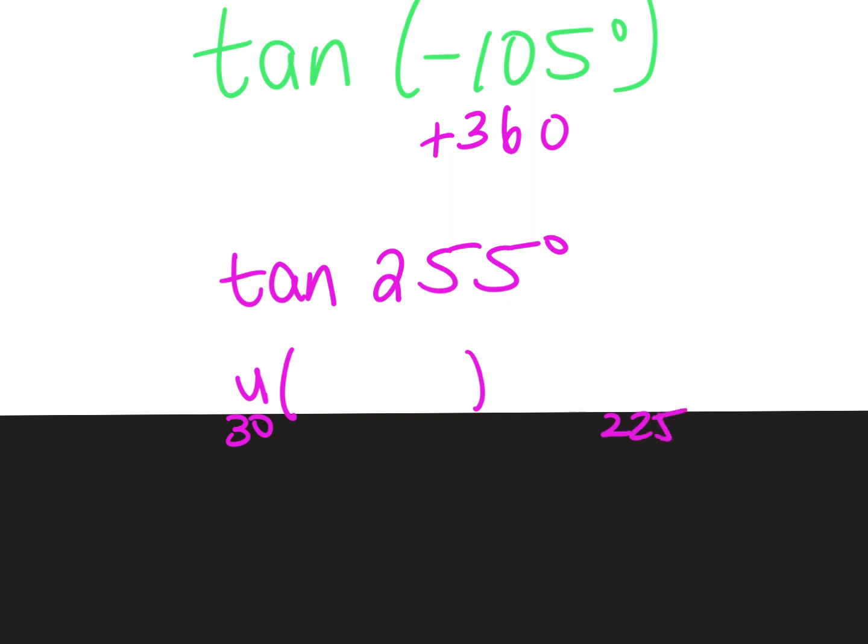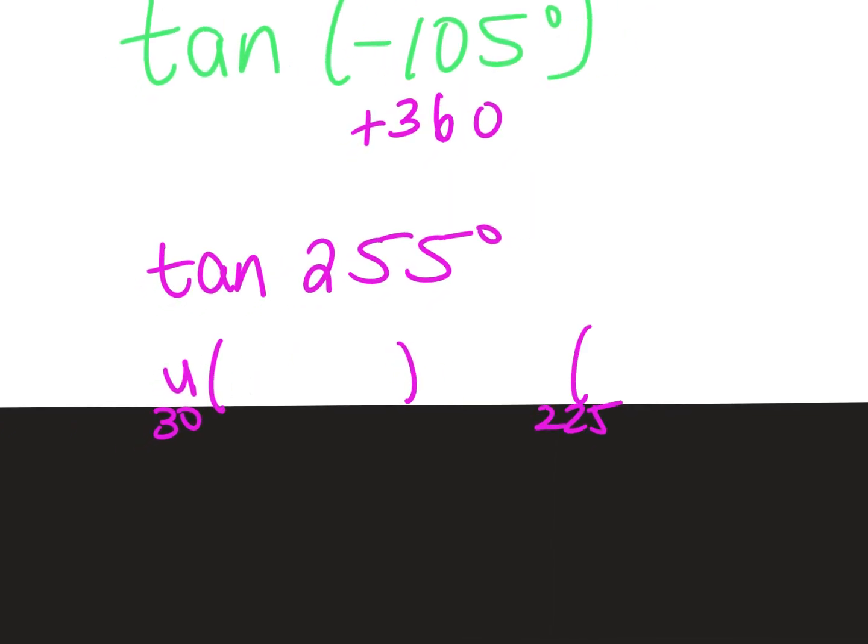Okay, that'll work. What are we doing with 30 and 225? Adding them, so it doesn't matter which is which, correct? What is the ordered pair at 30? Okay. And what's 225? And, yep.